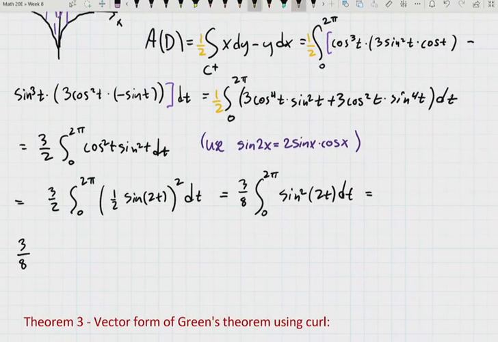So I can write that again. Here's another trig identity, which, why am I doing this example? There's a few reasons. One of them is to remind you of these trig identities. They're good to know. So now let's use the fact that sine squared x is 1 minus cos 2x over 2, and instead of x, it's 2t.